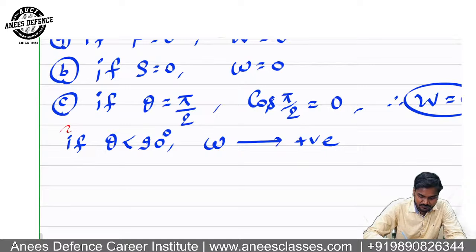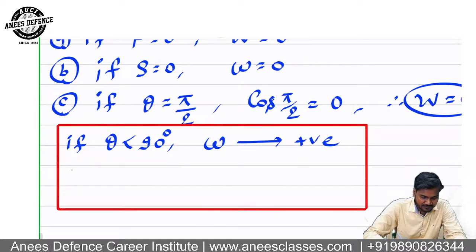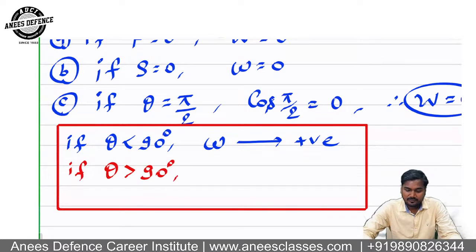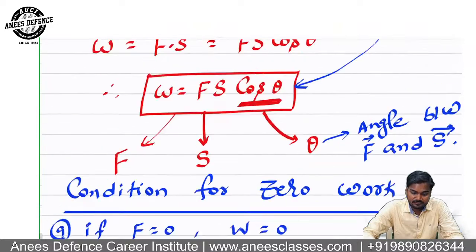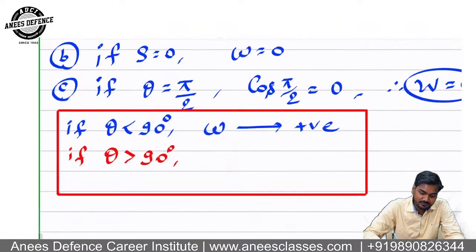And if theta is greater than 90 degrees, for an obtuse angle cos theta will be negative, so work done will be negative.